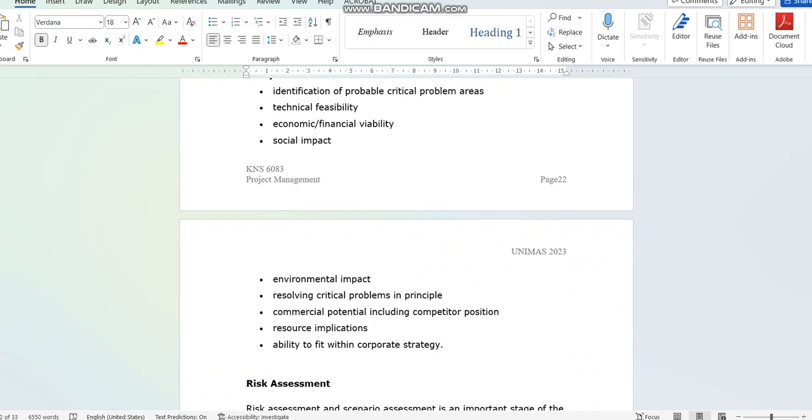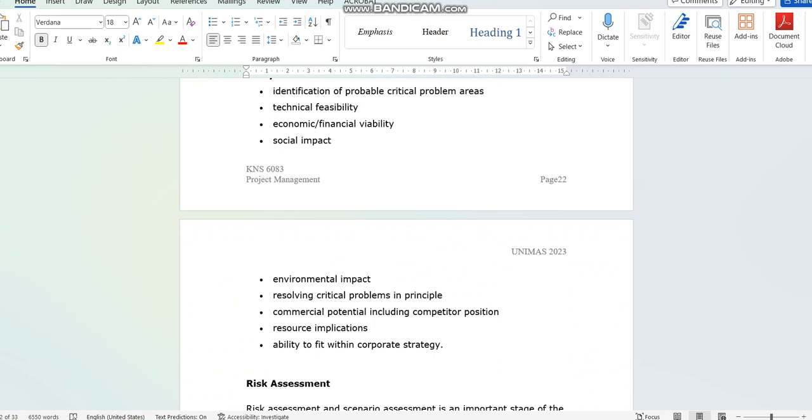Economically, it will bring this sort of benefit, this sort of cost. Socially, it will bring this sort of benefit, this sort of cost. Some of it may be in dollars and cents, some of it may not be. There's a very clear analysis of whether the project is feasible or not, you see, and whether you have the resources to do it or not, and how it fits the corporate strategies. And all this is part of it.